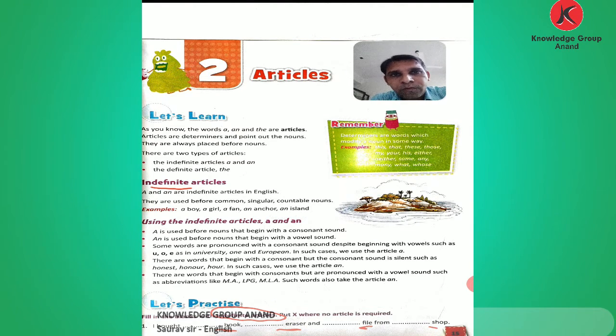These things are countable things. Book we count, eraser we count, file we count and shop we count. Okay, so here, book. Before the book there is not given A, E, I, O, U, these 5 letters; book does not start with a vowel.